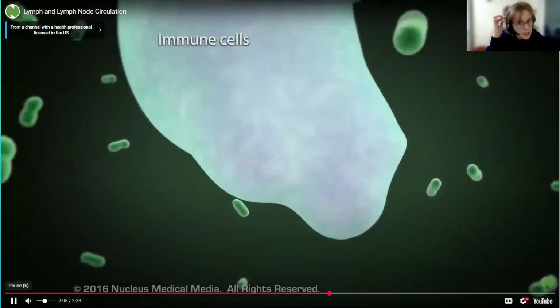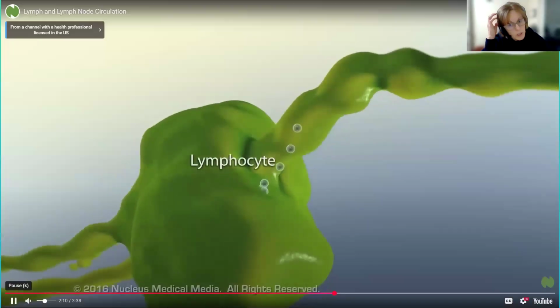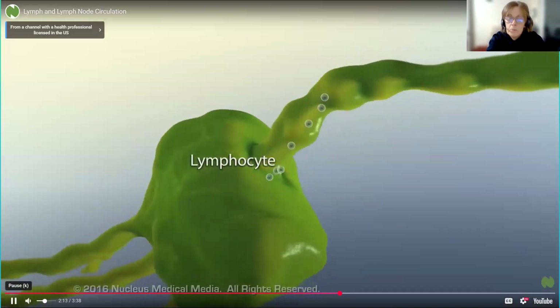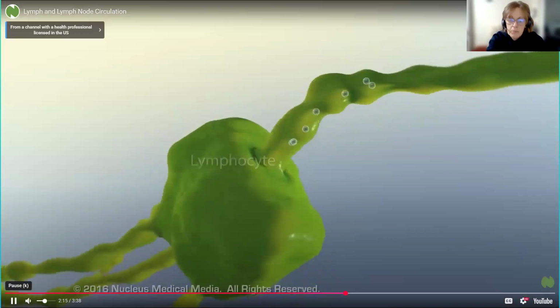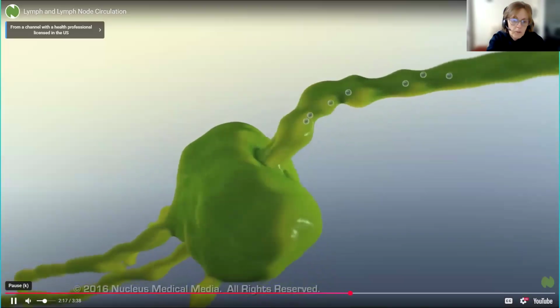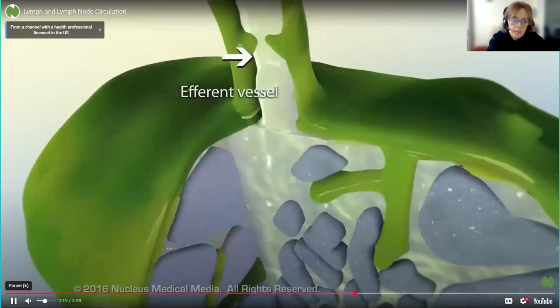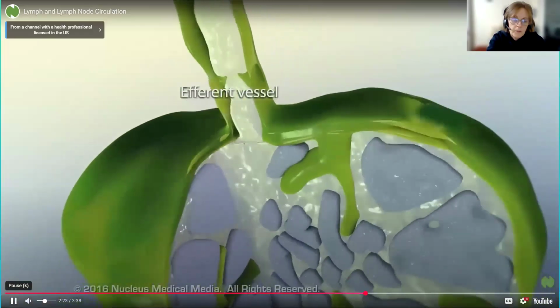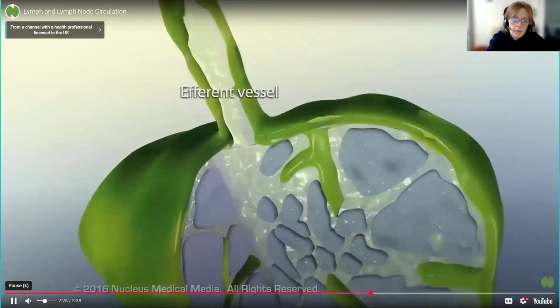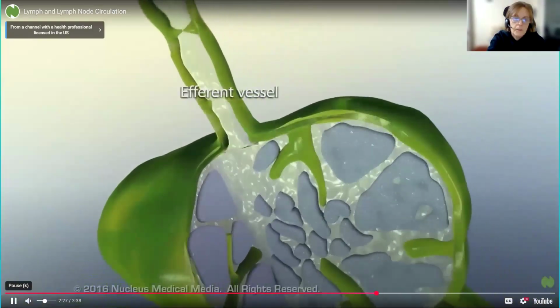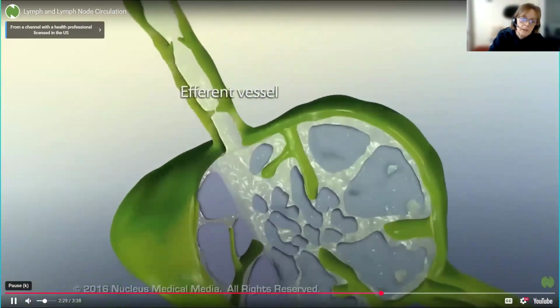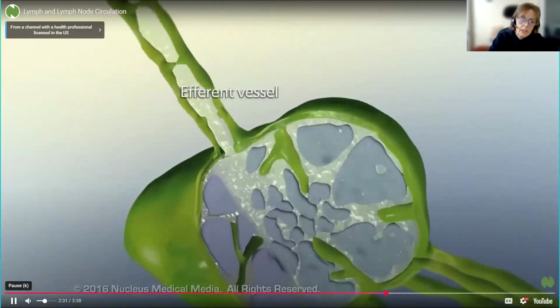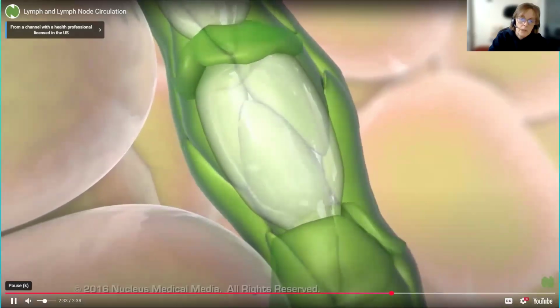So the immune cells here will destroy the pathogens, or they will hold them there until they can mount an immune response. So that's the efferent vessel that's leaving the lymph node.